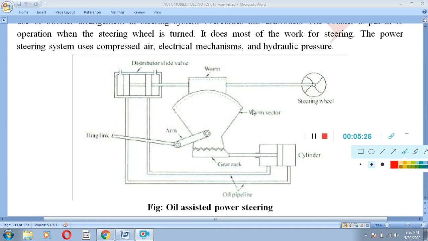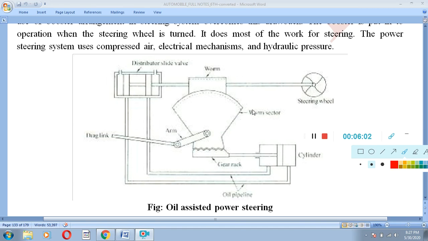If the resistance offered to turn the wheels is too high and the driver's effort on the steering wheel is too weak, then the worm, like a screw in a nut, will be displaced axially together with the distributor slide valve. This axial movement will admit compressed air or oil into the booster cylinder through the pipeline.